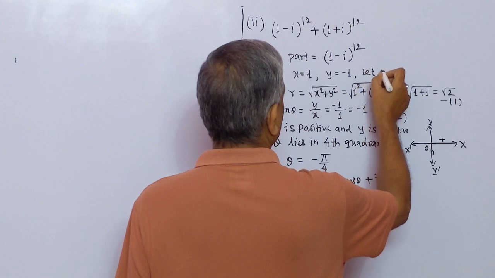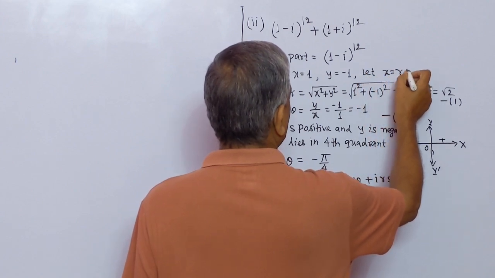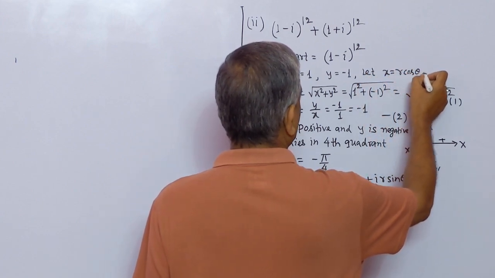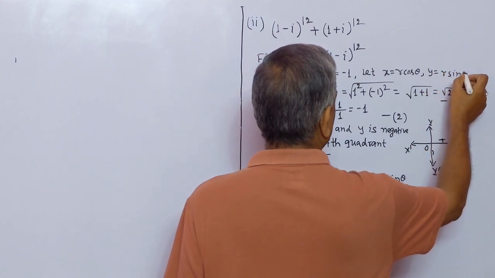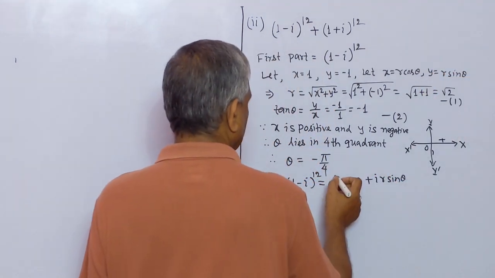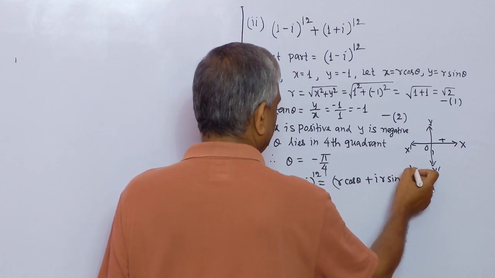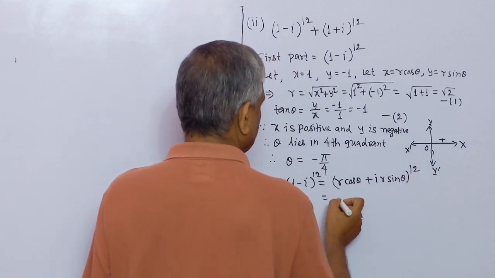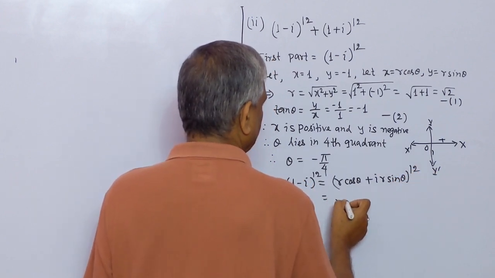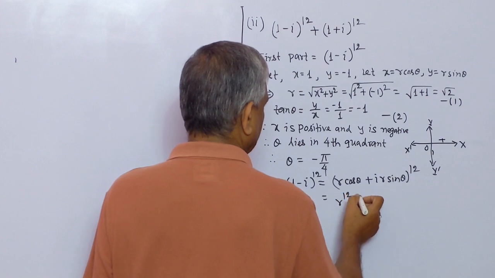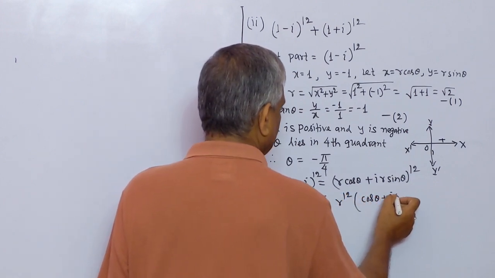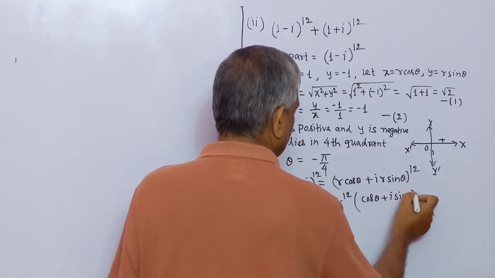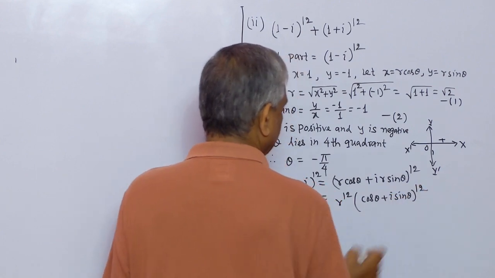Let x equal to r cos theta, y equal to r sin theta, to the power 12. This means this is r to the power 12 (cos theta plus i sin theta) to the power 12.